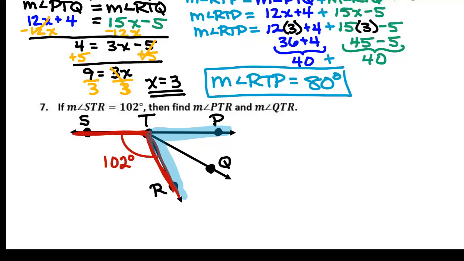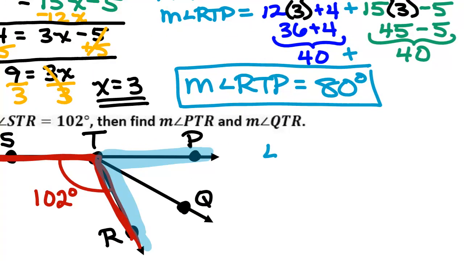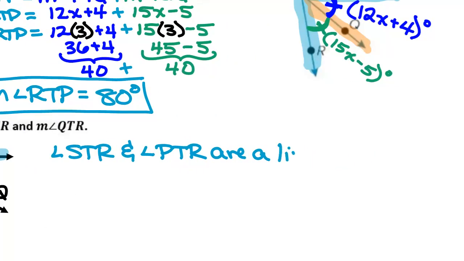What type of angles are those? They're a linear pair. They are adjacent, but they're more special than adjacent because their non-shared sides make a straight line. So angle STR and angle PTR are a linear pair.